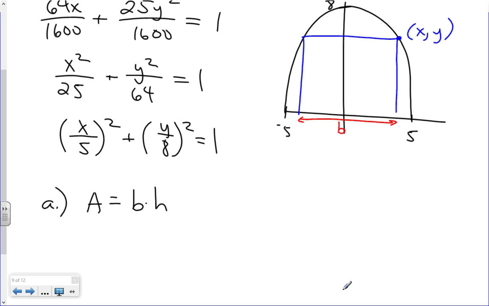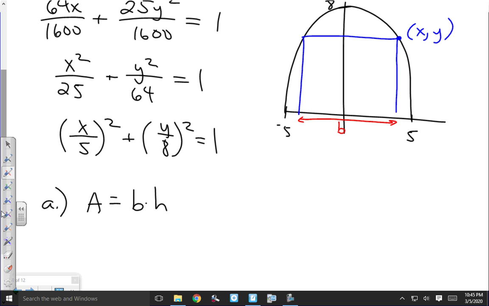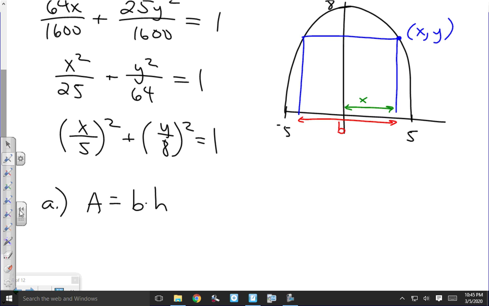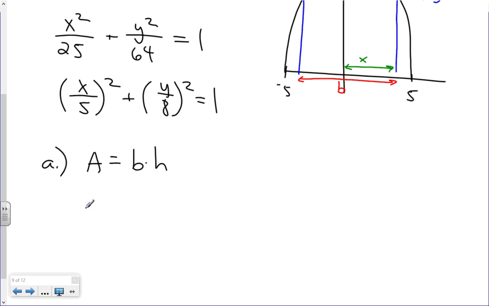That's the base. Notice that that is actually related to x in terms of that (x, y) point I've got labeled there. But x is only measuring this horizontal distance right here. It's the distance from the y-axis to that point. So it turns out the base is actually equal to 2x. So I can replace in my formula that area is equal to base, which is 2 times x.